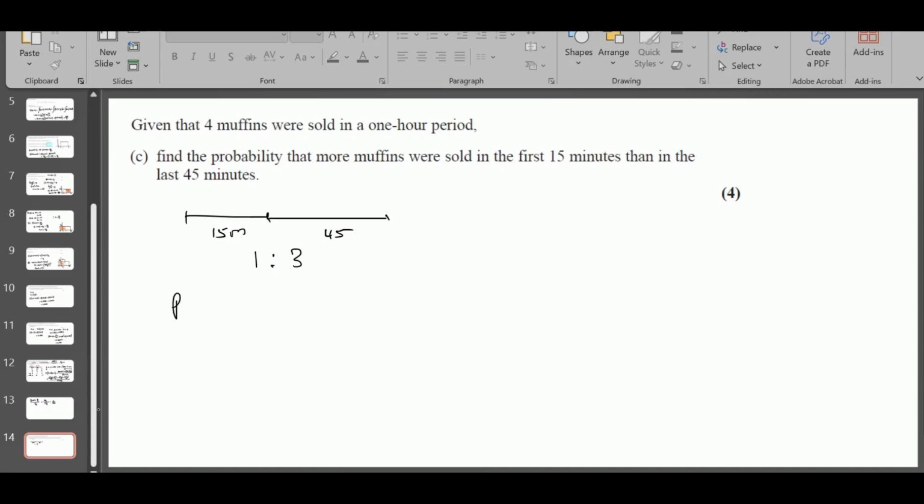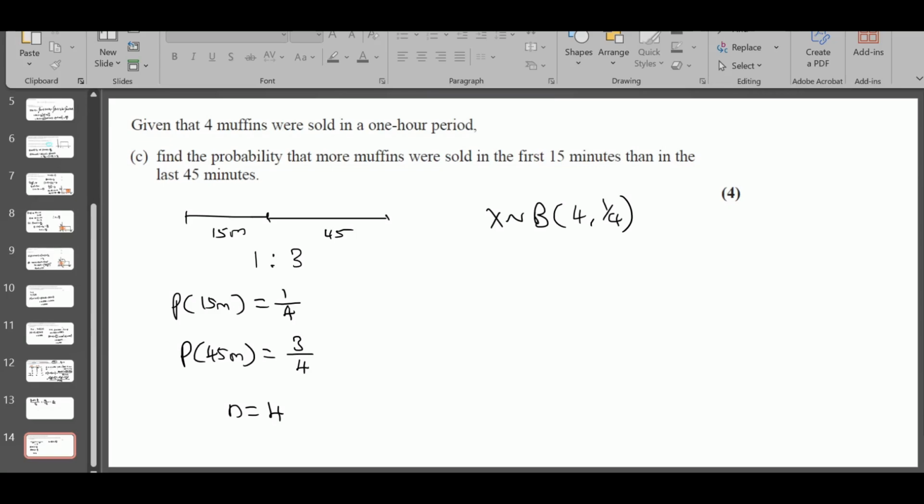So the probability of the muffins sold in the first 15 minutes is 1 over the total ratio. For 45 minutes, 3 over the total ratio, right? Now N is 4 muffins sold. So X follows binomial distribution of 4, 1 over 4. What is X? The number of muffins sold in the first 15 minutes.